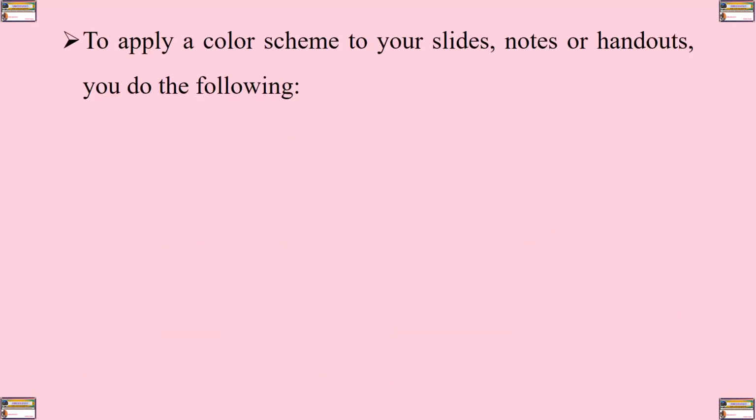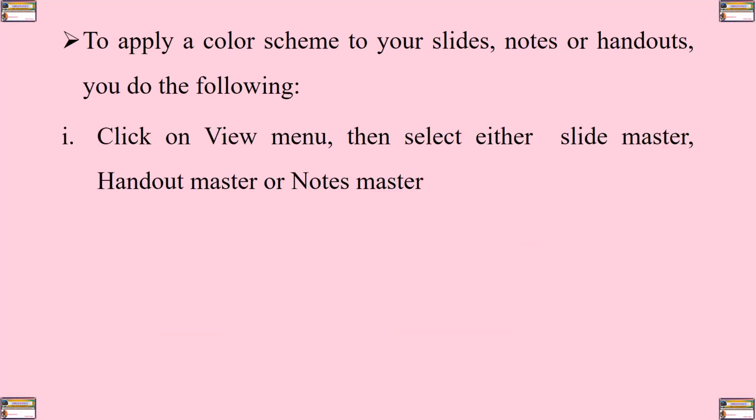To apply a color scheme to your slides, notes, or handouts, you need to do the following. Number 1, you click on the View menu, then select either Slide Master, Handout Master, or Notes Master. But in the case of this tutorial, we are going to look at how you can apply color schemes for Slide Master.